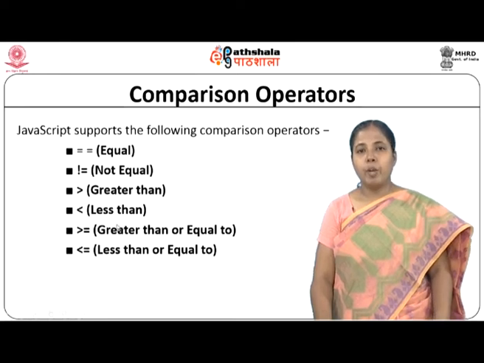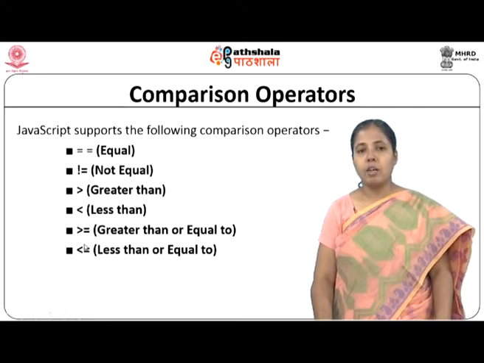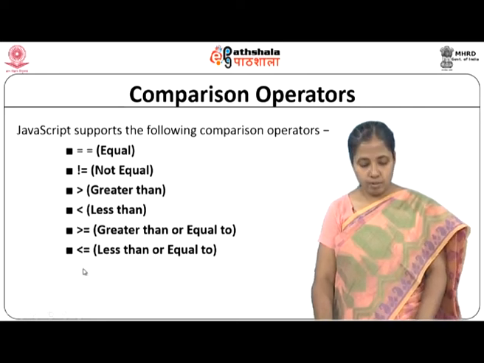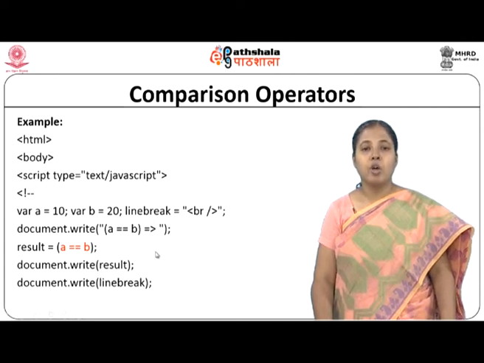Now, coming to the comparison operators, it supports operators like equal and not equal, where the symbol is used like this, greater than, less than, greater than or equal to, or less than or equal to. Now, a simple example to check these comparison operators. As in the earlier example, we have two variables and a variable declared as line break, which is actually a break tag.